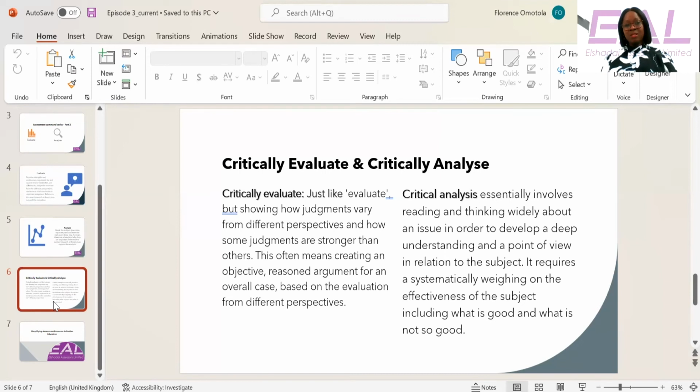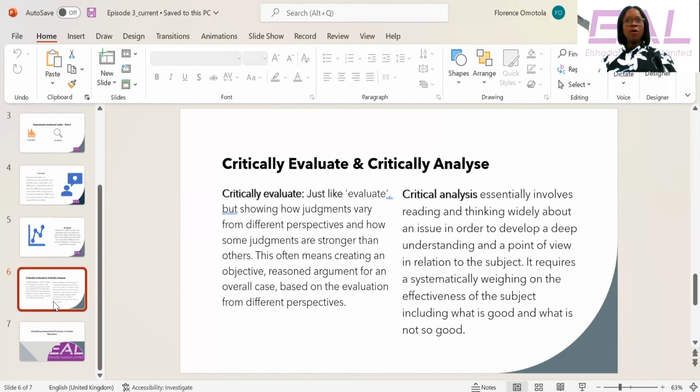So critical would just mean that you need to develop detailed information around your evaluation, in a way that looks at its limitations. You want to criticize, it's more like you're criticizing something. Just like evaluate, but showing how judgments vary from different perspectives and how some judgments are stronger than others.